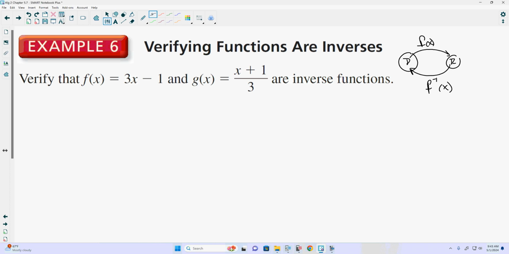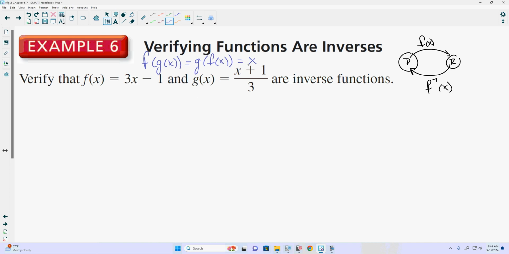And if two functions are inverses, f of f inverse of x, or we'll call it f and g, if these are indeed inverses, f of g of x will equal g of f of x, to both give us x.